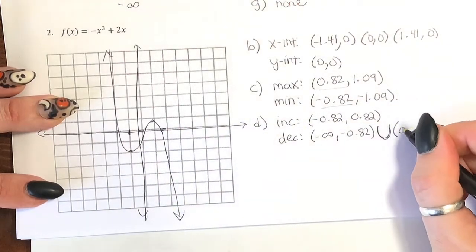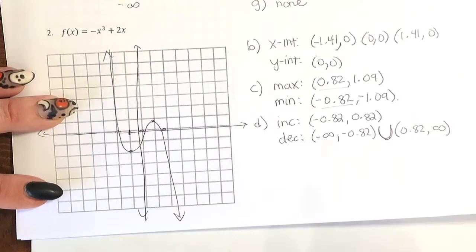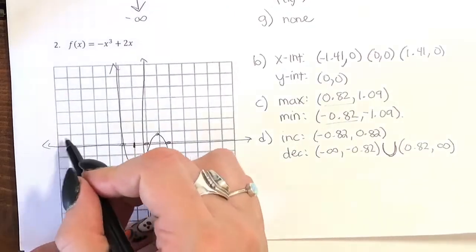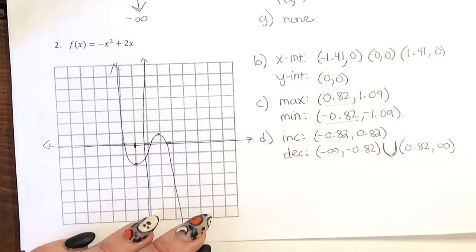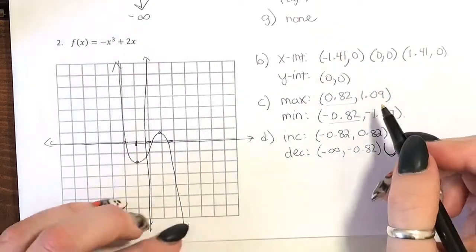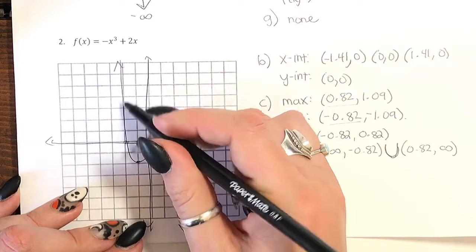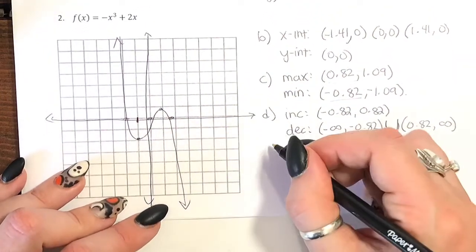So from positive 0.82 until positive infinity with that little union in the middle. So again, just make sure you're always using the x value, not the y value. I have some students who always seem to get that flipped because they're thinking, oh, I'm going down to 1.09, but we're using the x value, not the y. So just careful with that.